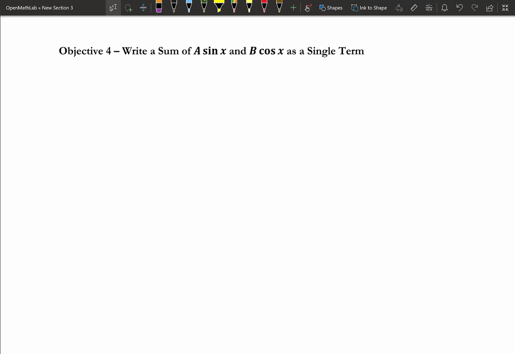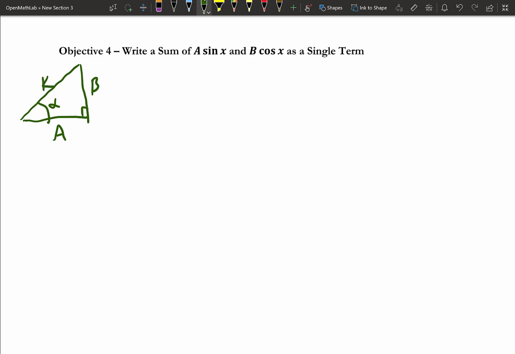All right, so objective 4 is that we want to be able to write a sum of a sine x and b cosine x as a single term. Let me show the motivation of where this is going to come from. The theory: let's say we just start with a right triangle, and I'm going to label this angle alpha. This is side length a, side length b, and this is k.